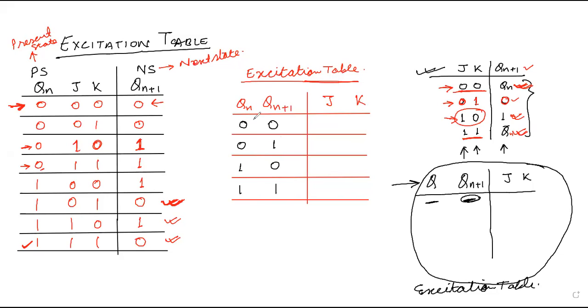Next, for this combination, that is for present state 0 and next state should also be equal to 0. Okay, so we already have the present state next state table. Where are we getting the next state as 0, in which conditions?